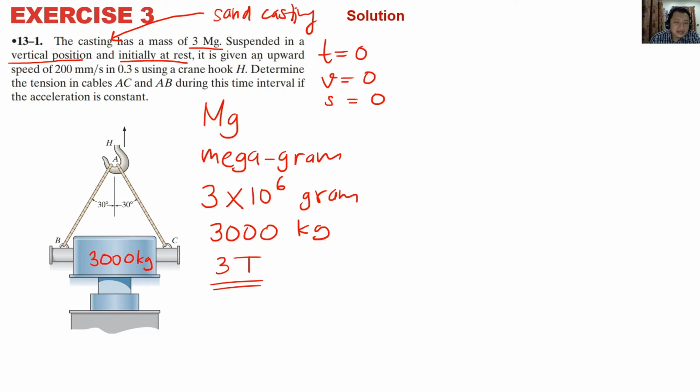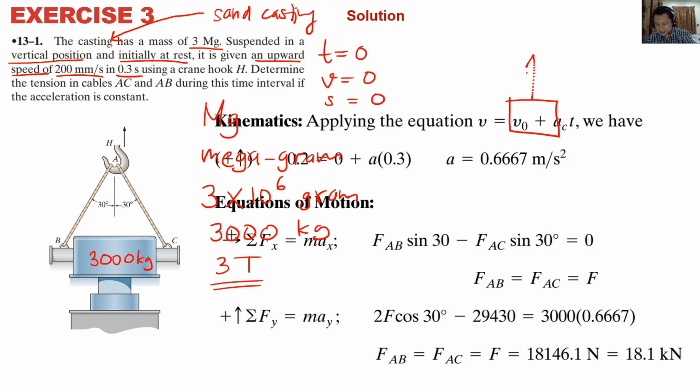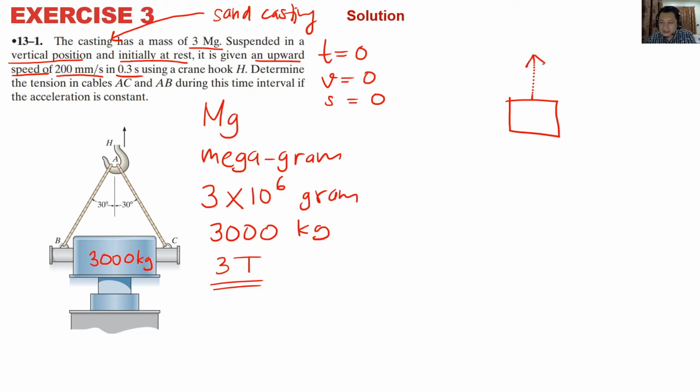It is given an upward speed of 200 mm per second in 0.3 second. So originally at rest, we jerk it, and it becomes like this. So kind of like we give it an acceleration. We kind of jerk it due to this motion. This is a hook.